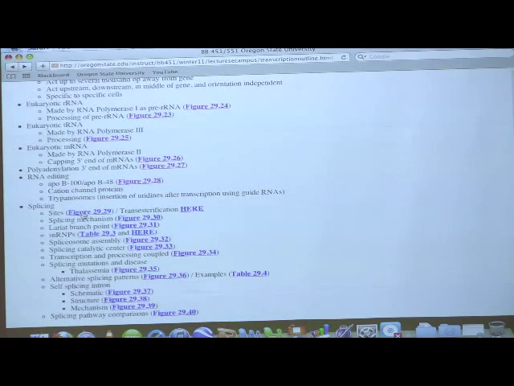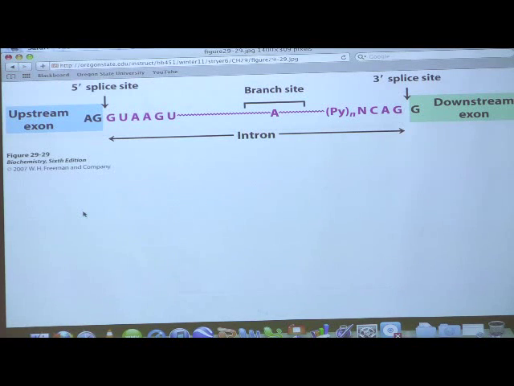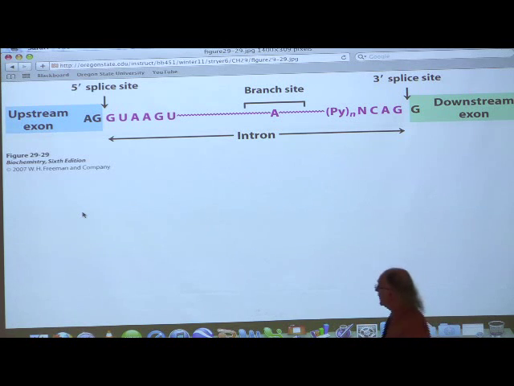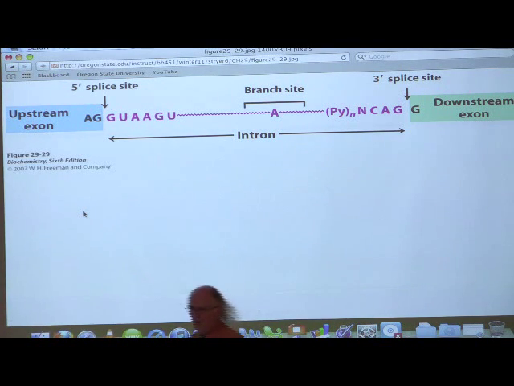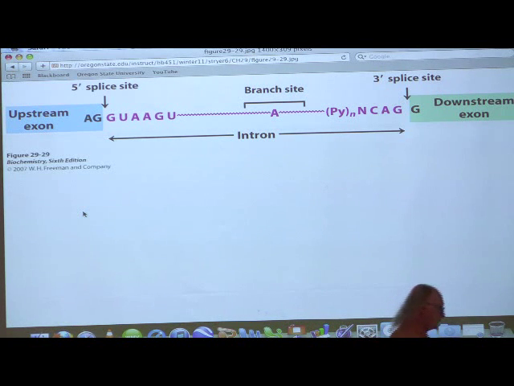Another process that is found in eukaryotes but not found in prokaryotes, essentially, is a phenomenon known as splicing. Okay? Splicing involves chopping up a given RNA molecule into pieces. Some of those pieces are removed and do not appear in the final RNA.